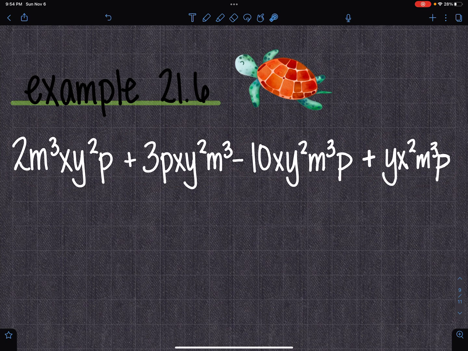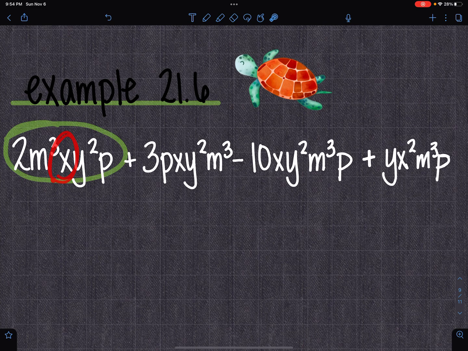All right, so I'm just going to start with this first one. And let's see if there is a like term compared to that. Well, I see an M3. Where else is there an M3? Well, turns out they all have M3s. Maybe they're all like terms. We'll have to figure that out. What about an X?